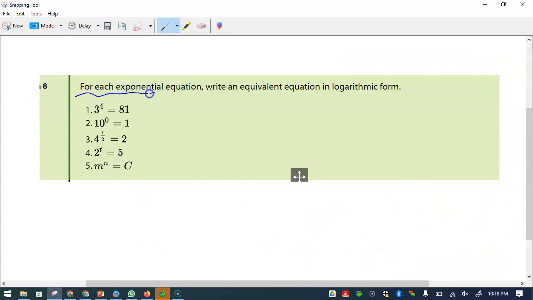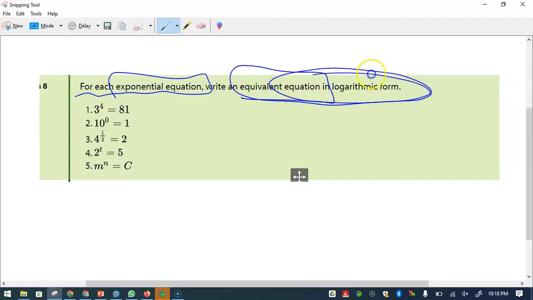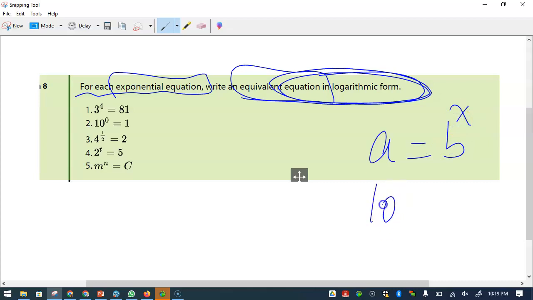Okay, this one is given in the exponential equation. You have to write it in the logarithm. Remember the easiest way to do it is, if a is b raised to, let's say, some x, that means logarithm of a, because this is the base that goes down, equals x.